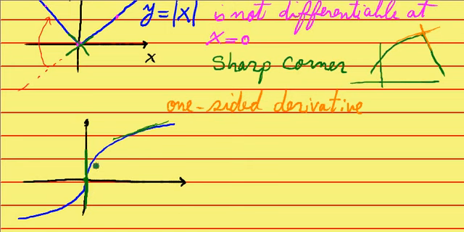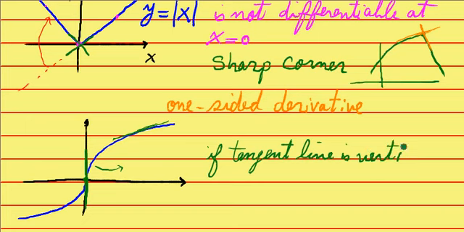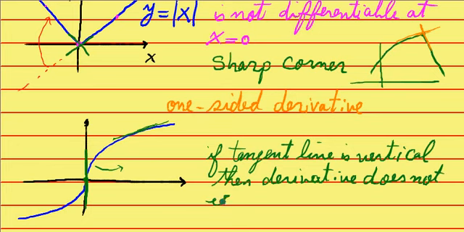So at this point, I say if tangent line is vertical, then derivative does not exist, it does not exist as a real number.